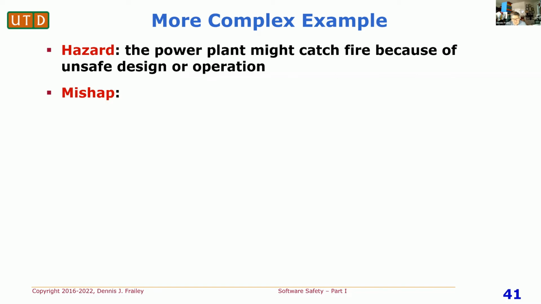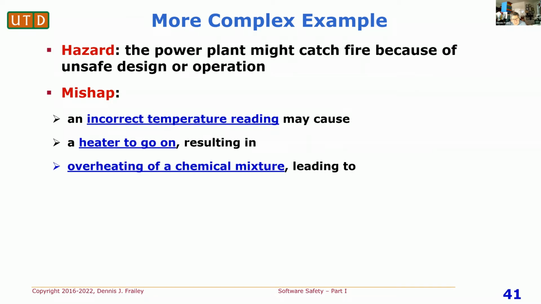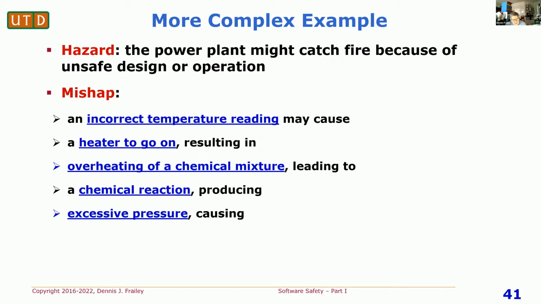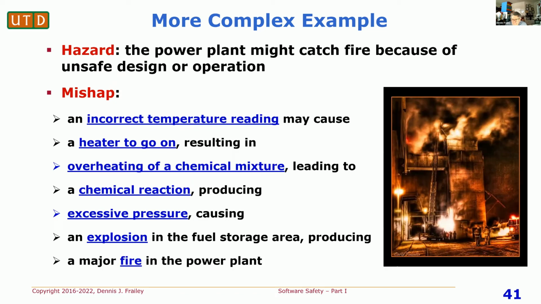The mishap in this case is a complex sequence of events. An incorrect temperature reading causes a heater to go on, resulting in overheating of a chemical mixture, leading to a chemical reaction, producing excessive pressure, causing an explosion in a fuel storage area, producing a major fire in the power plant.